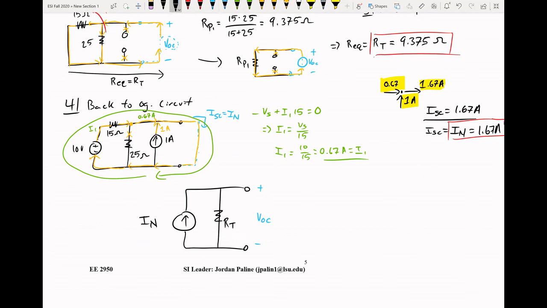We found that I Norton is equal to 1.67 amps, and R Thevenin is 9.375 ohms. And that's our Norton equivalent circuit.